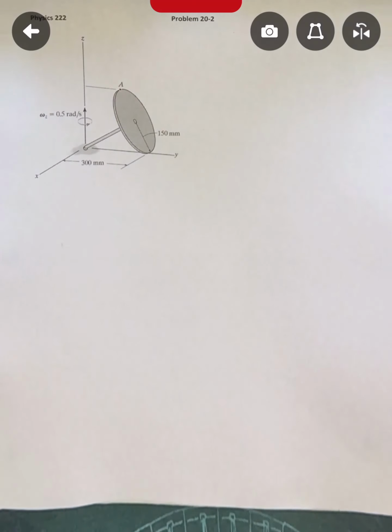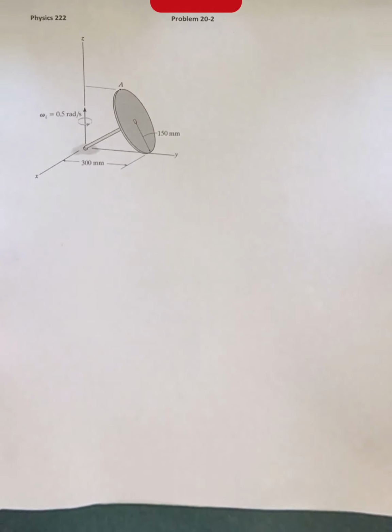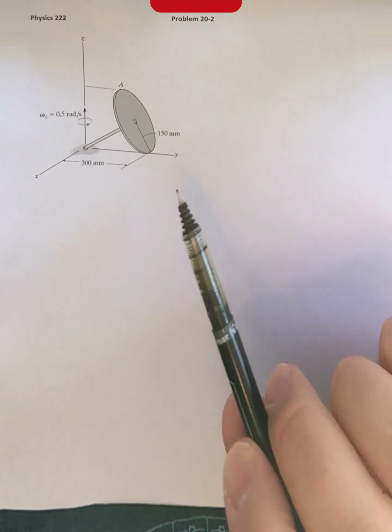This is problem 20-2 in section one of chapter 20, dealing with general motion in 3 dimensions. We have this object that is rolling along the surface, and we're told that it is rolling without slipping.